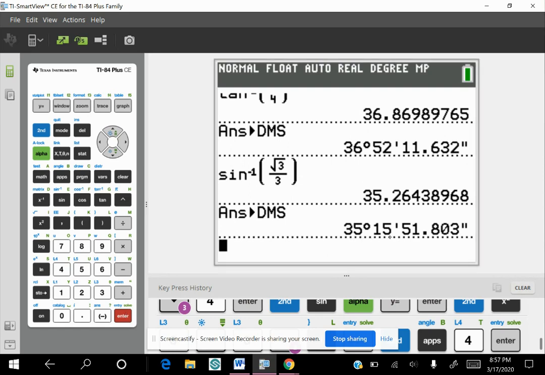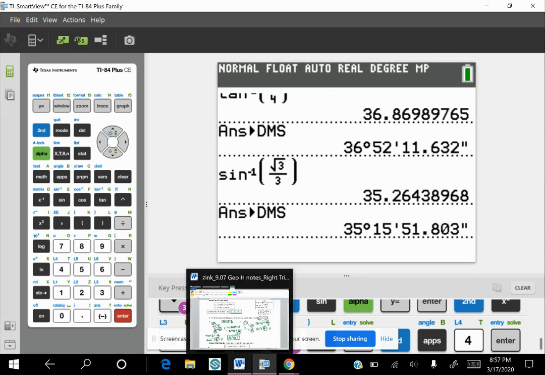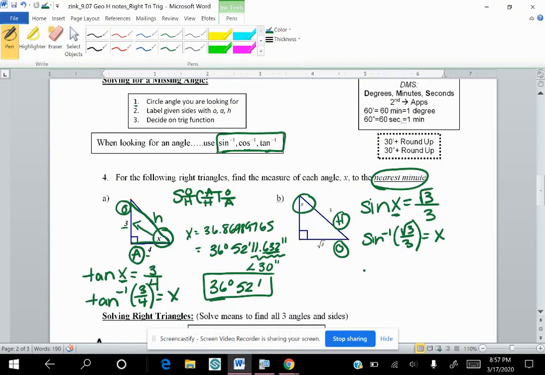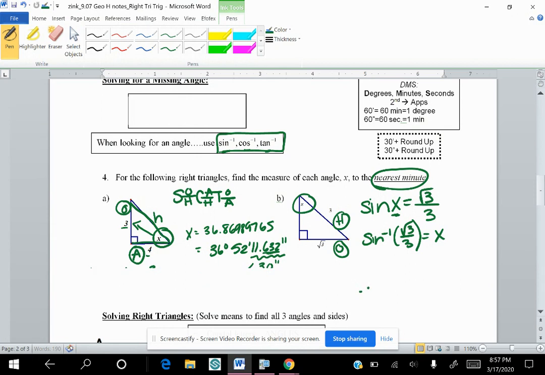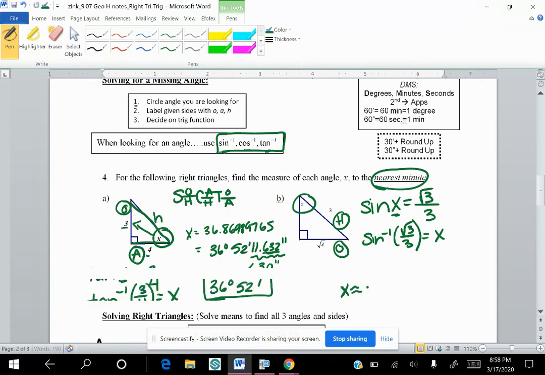And here, if you'll notice, we have 51.803 seconds. So for this one, we're going to round up to the next minute. So our final answer here, and you should have those other ones written out as well. To save time, I'm not going to, but you should have 35 degrees, 16 minutes for your final answer.